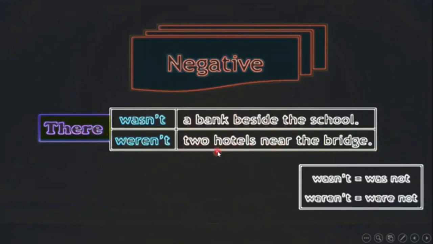Also here, look at this noun. We add s to this noun, because here we use there weren't, and after there weren't, as we said before, we must use a plural noun. There weren't 2 hotels near the bridge.